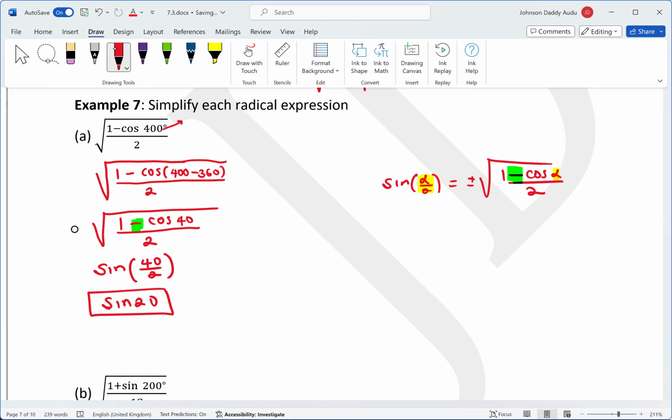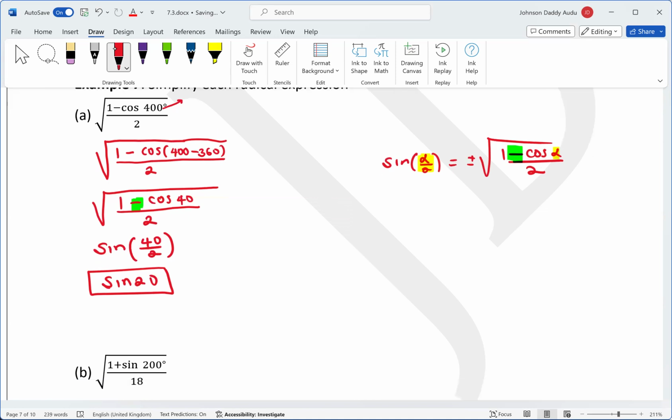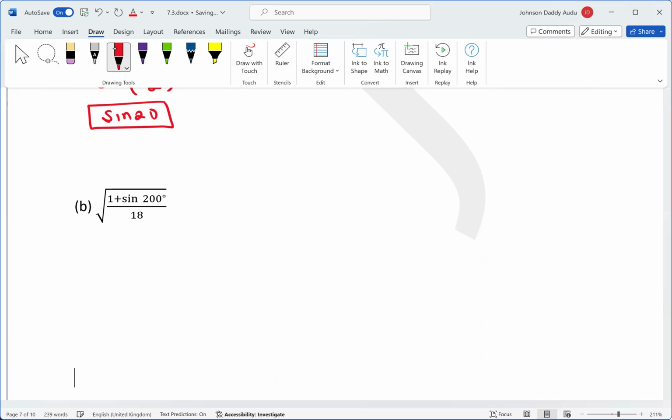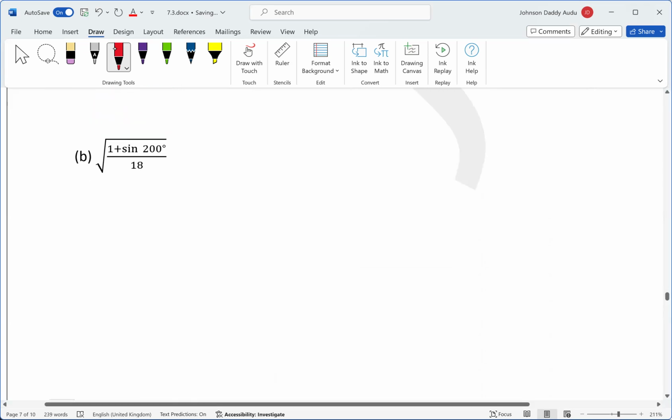All right. Okay, now for B, also here we already know that this is in quadrant number 3. So in quadrant 3, sine is negative.